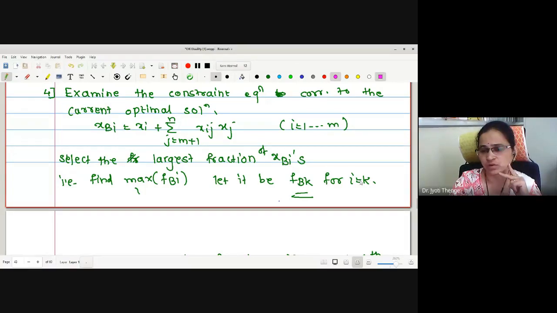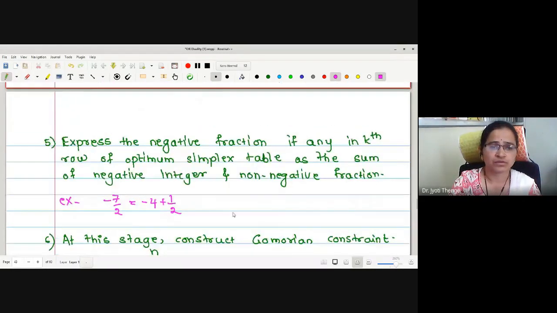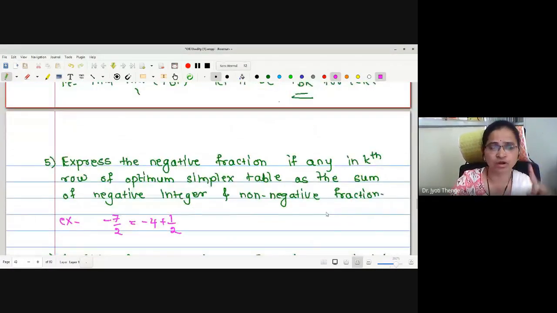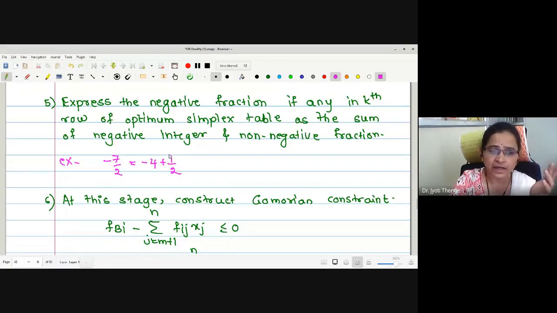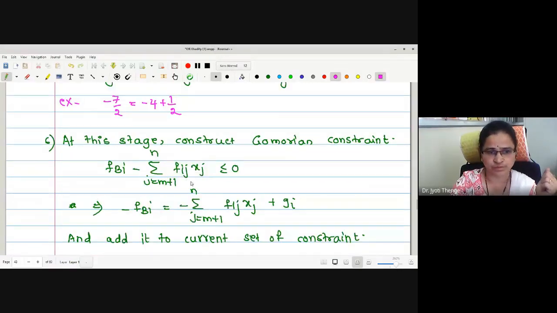Let it be for i equals k. That is, the kth variable has the maximum fractional value. Then select that kth row for converting the non-integer value of a variable to an integer one. Any negative fraction in the kth row, we will write as a negative integer plus a positive fraction part.